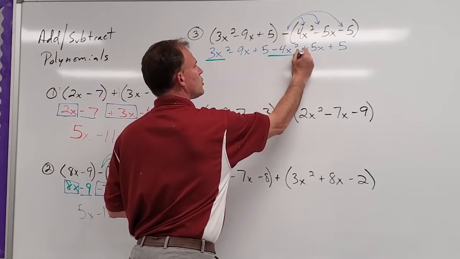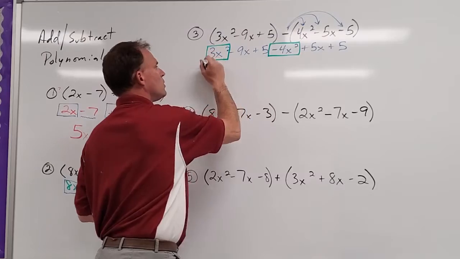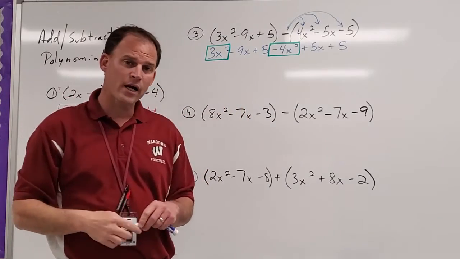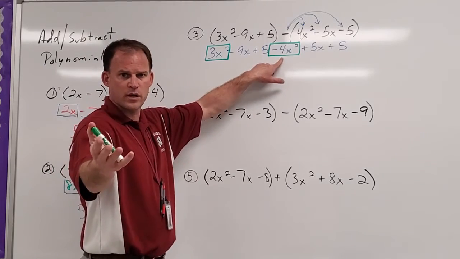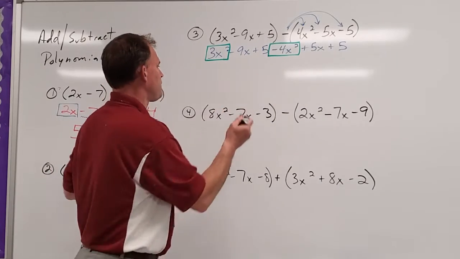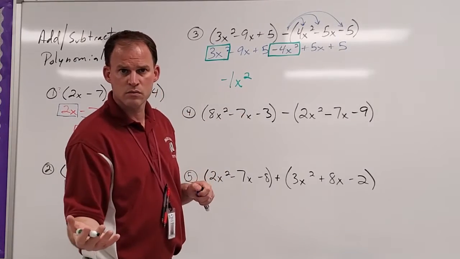Remember, like terms mean same variables and exponents. So the x squareds are the ones that are the same. So I've got 3x squared minus 4x squared. Any other like terms?